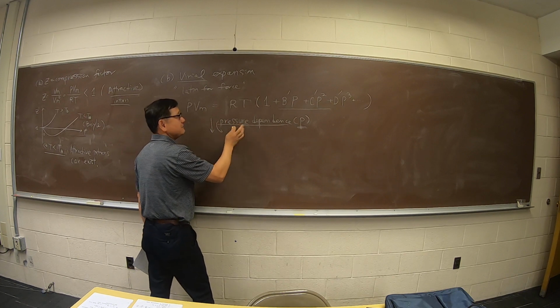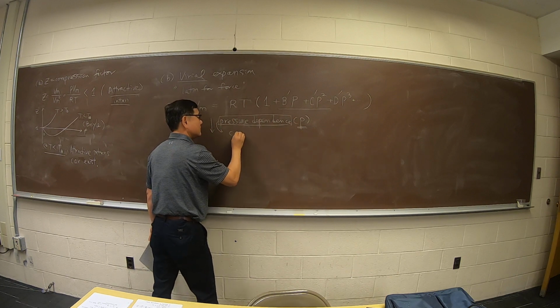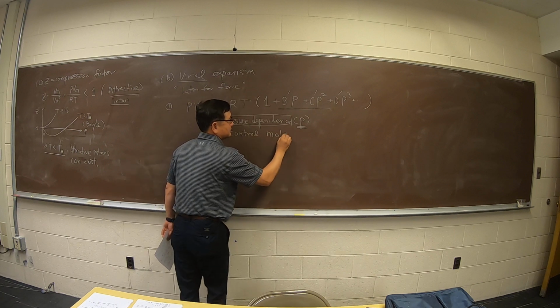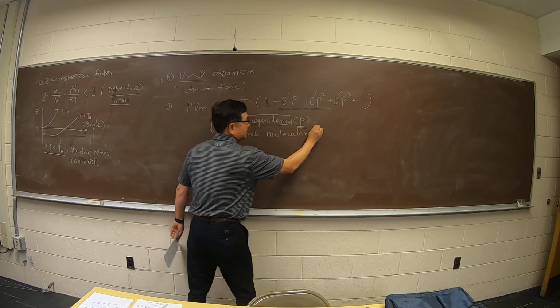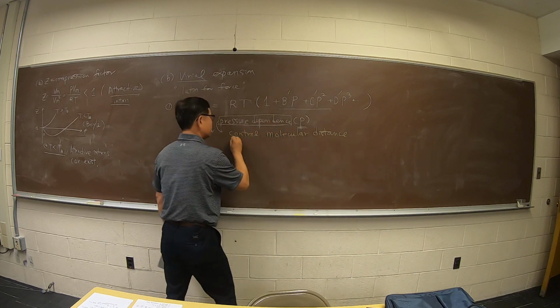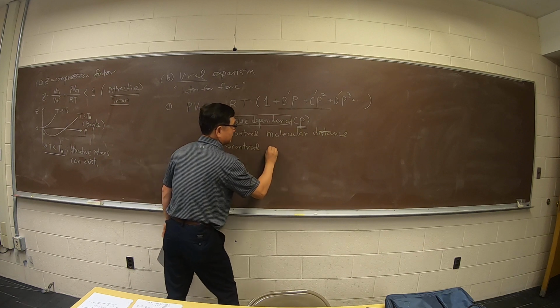Yeah, that's right. Pressure dependence means pressure is a handle to control molecular distance, and in a way, to control the interaction level.